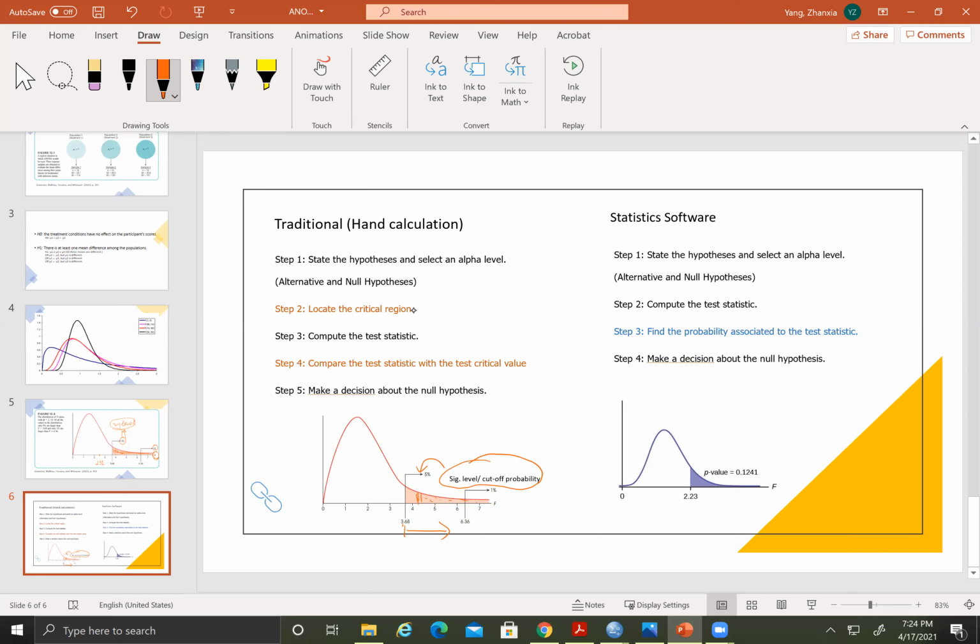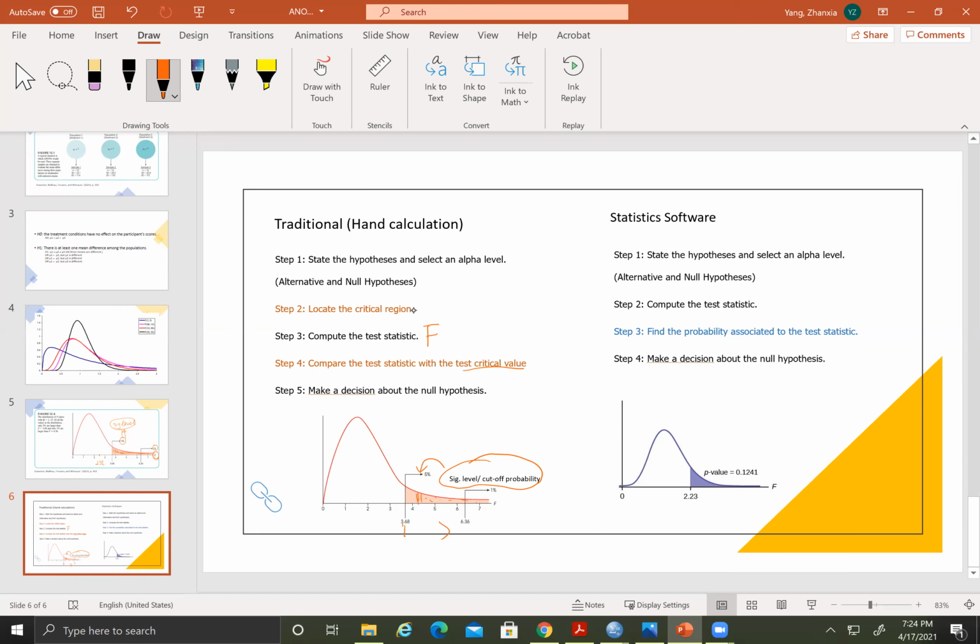By following this traditional hand calculation, we calculate our F value and compare it with the critical F value, which is 3.68 here.